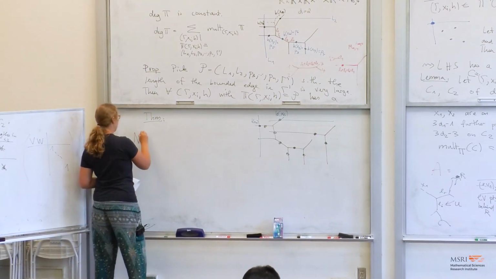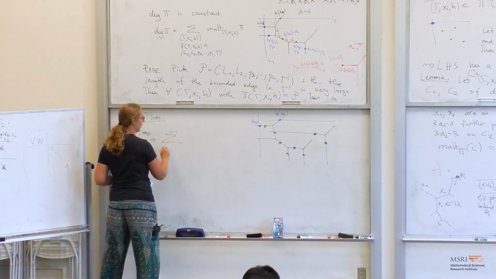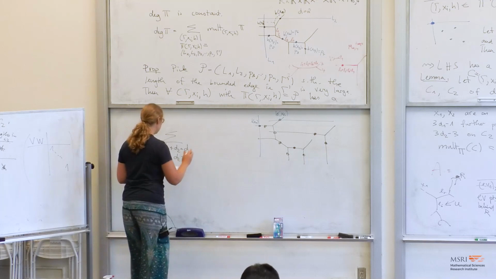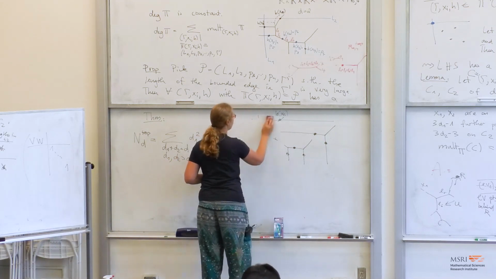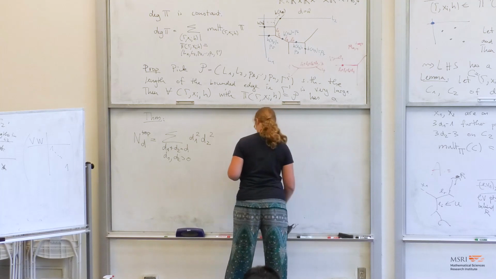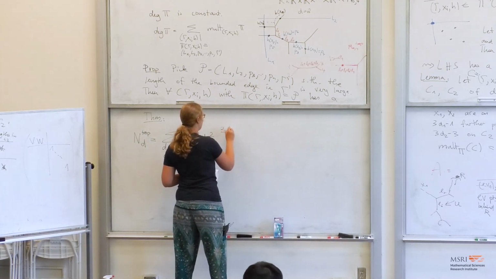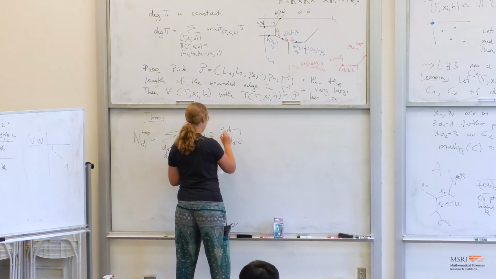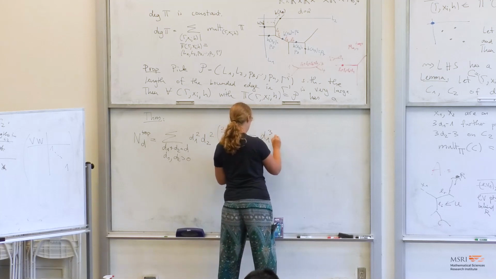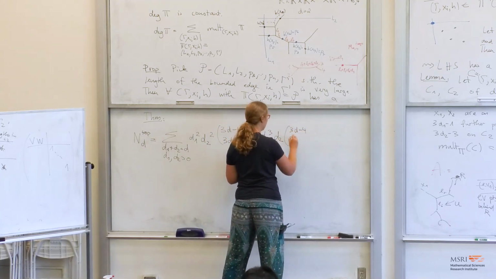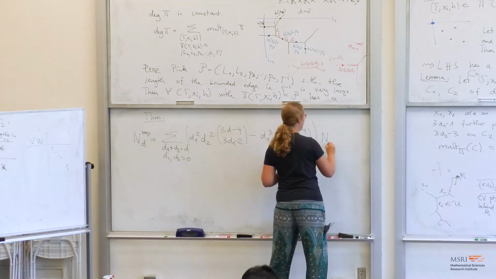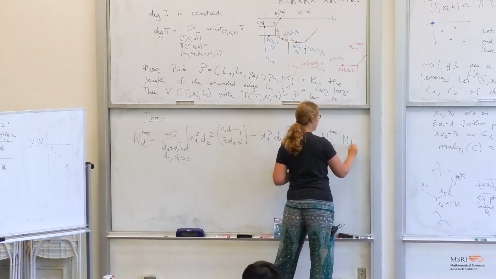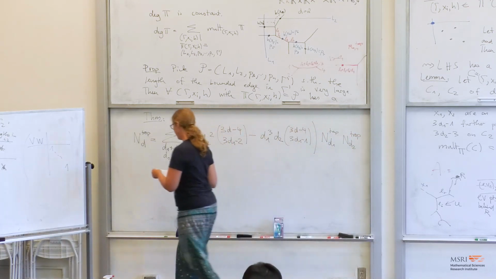It states that N_D trop is equal to the sum over D1 plus D2 equal D, where both D1 and D2 are bigger than 0, of D1 squared D2 squared, times the bracket (3D minus 4 choose 3D1 minus 2, minus D1 cubed D2 times 3D minus 4 choose 3D1 minus 1), and then N_D1 trop and N_D2 trop. Okay, what is the proof?